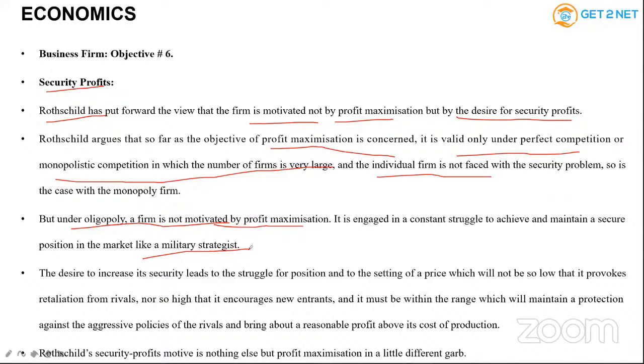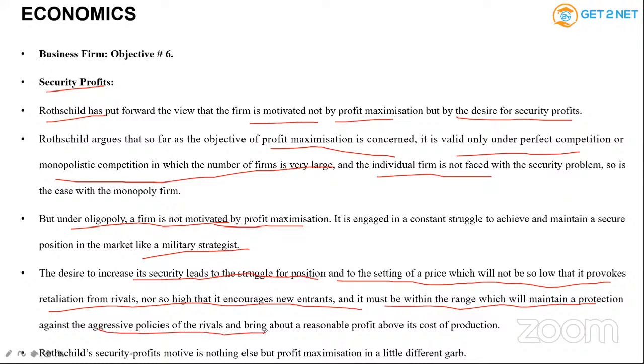or else आपका competitor आके लेके चला जाएगा। So the desire to increase its security leads to the struggle for position and to the setting of a price which will not be so low that it provokes retaliation from rivals, not so high that it encourages new entrants, and it must be within the range which will maintain a protection from the aggressive policies of the rivals। तो वो क्या बोल रहा है, जब आप ओलिगोपोली केस में हो, जहां पे बहुत फ्यू सेलर्स हैं, उस पे आप जब प्राइस फिक्सेशन की बात आती है, आप उसको ना ही इतना लो रख सकते हो ना ही उतना हाई रख सकते हो, आपको बैलेंस करके चलना पड़ेगा। So that is why they are saying that secured profit motive is very important rather than just profit maximization.